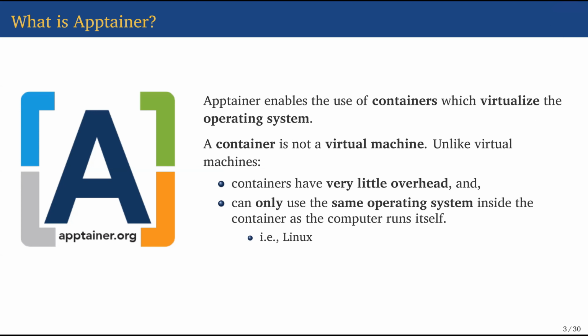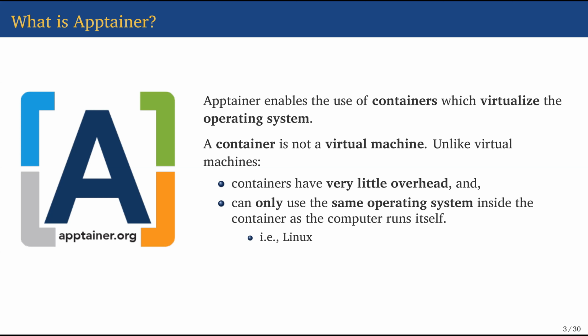Now, a container virtualizes the operating system, okay? Let me put it this way: there's low overhead, but it doesn't change the underlying operating system on your computer. It's not emulating hardware. You are forced to be under the kernel of the operating system that booted the computer.